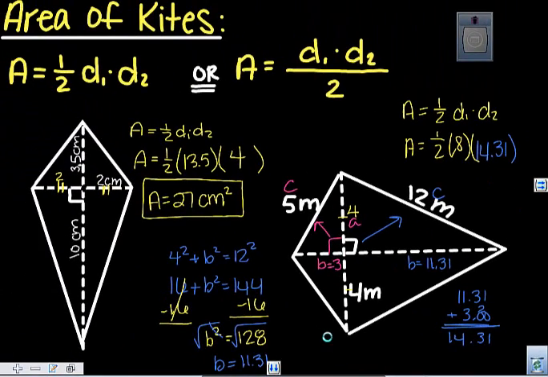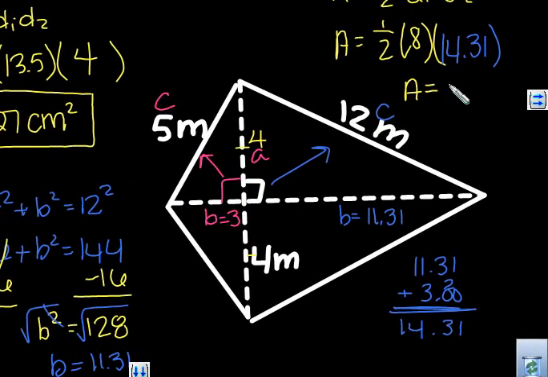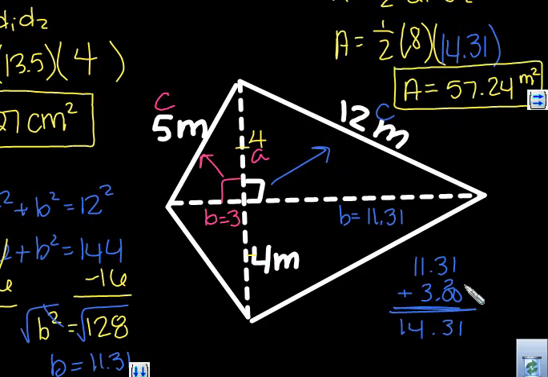So then you have 1/2 times 8 times 14.31 for a total area of 57.24, and again this one is in meters, so area is meters squared, or squared meters. All right.